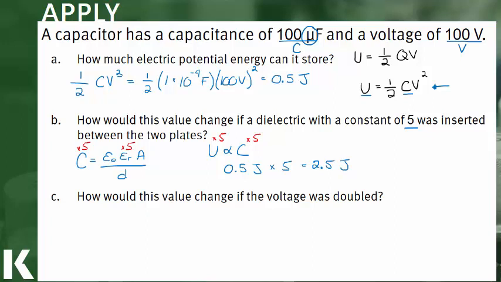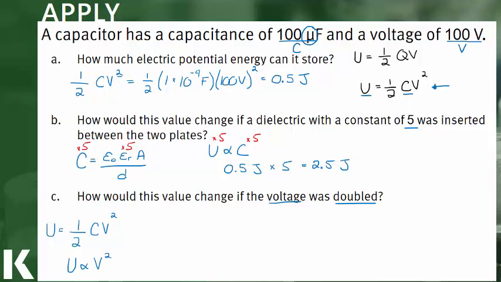How would this value change if the voltage was doubled? So let's come back to our equation. 1/2 CV squared is equal to our potential energy. Now here we are doubling the voltage, and our potential energy is proportional to the square of the voltage.